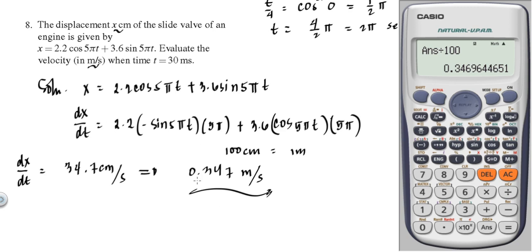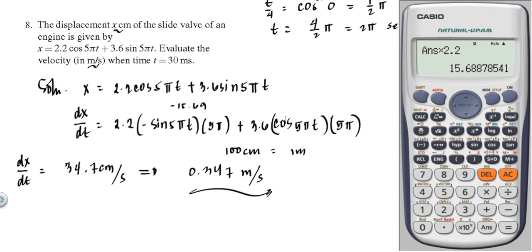But malahaba to, no? Let's double check para sure. We have radian. Yes, correct. Computing muna natin yung sine. So, sine 5 pi times 30 milli, times 5 times pi, times 2.2 equals minus 15.69.